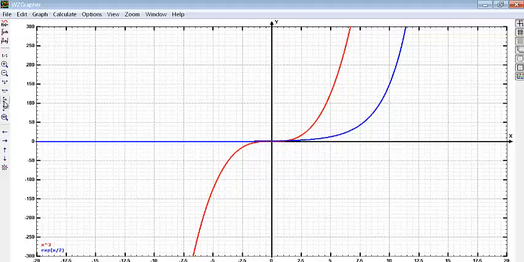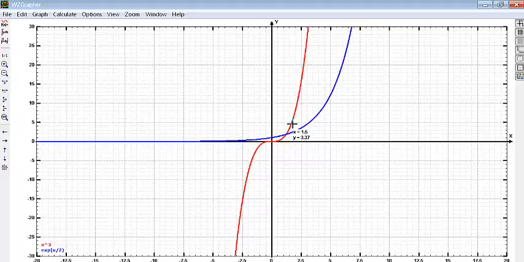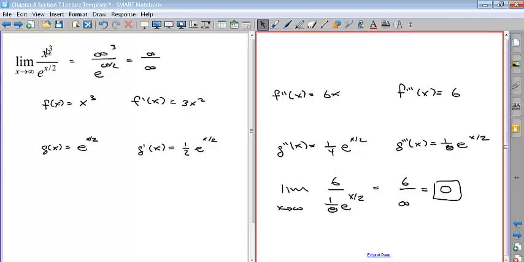I should have gone back here. So there's this point here. Anyway, it looks like x cubed's getting faster. And so ultimately you expect that one to be greater than that, but that's not what happens.